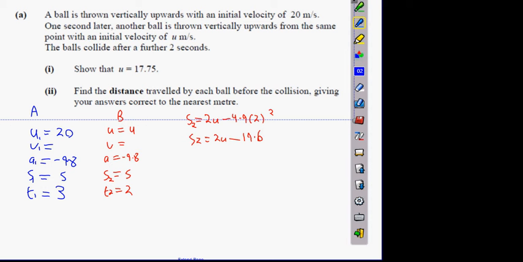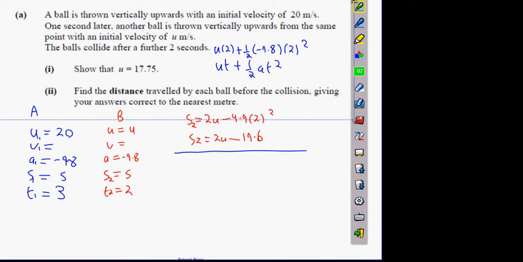Now, what about s1? Why is it 2u? ut plus a half at squared. So it's going to be u multiplied by 2 plus a half of minus 9.8 times 2 squared. And then that all breaks into that. Okay.